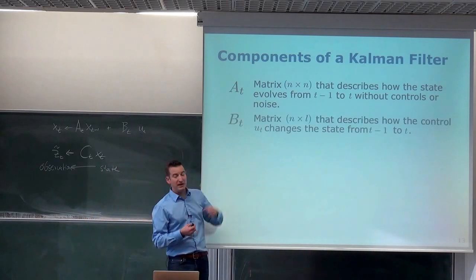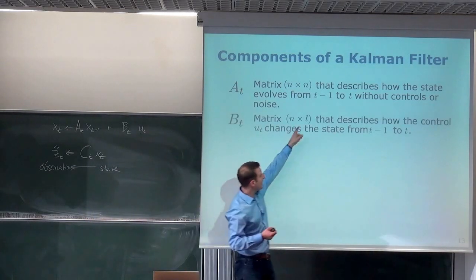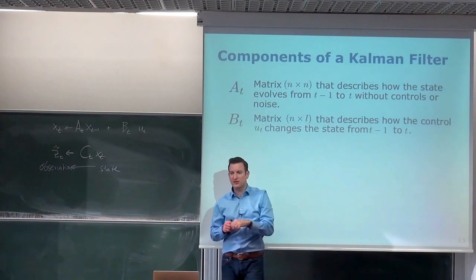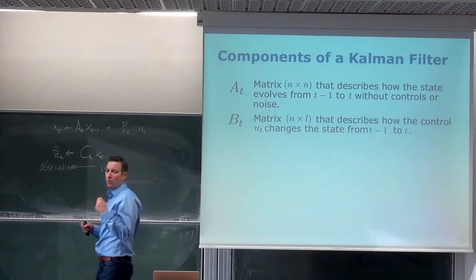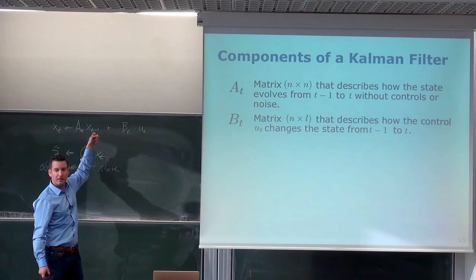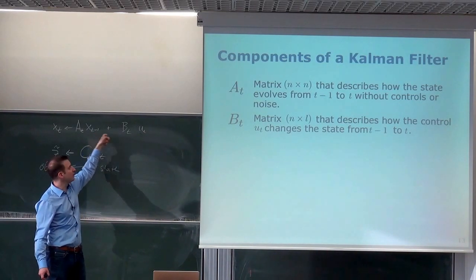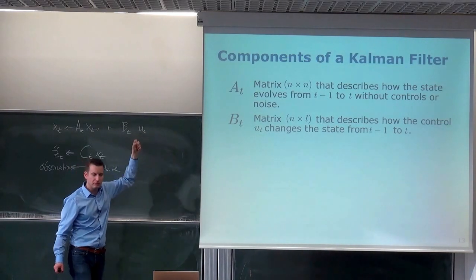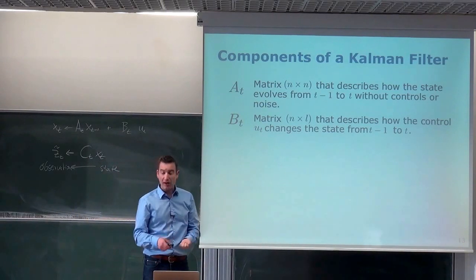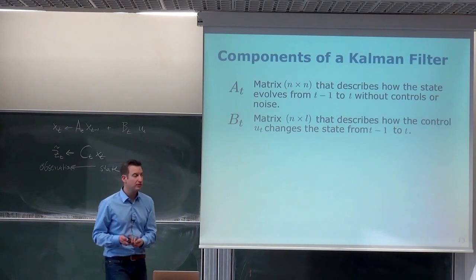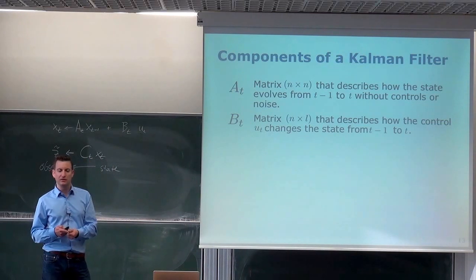And the second matrix B is a mapping from the L-dimensional control space to the n-dimensional state space, which tells me what I need to add to how the state would evolve on its own, given that I emitted a command. So how does a command UT change the state? What is the delta that's added or subtracted to the state, given the control command UT?